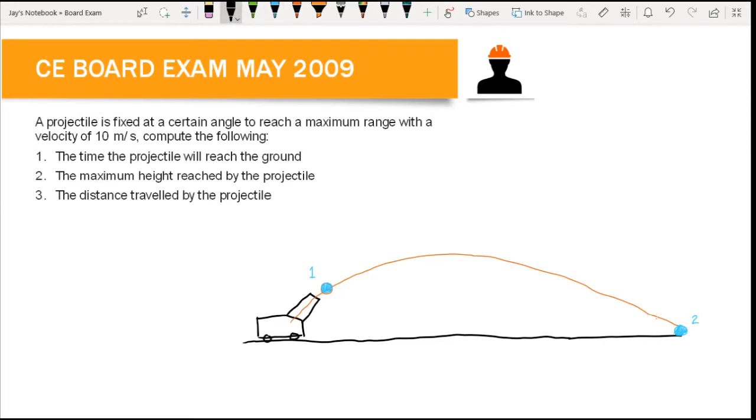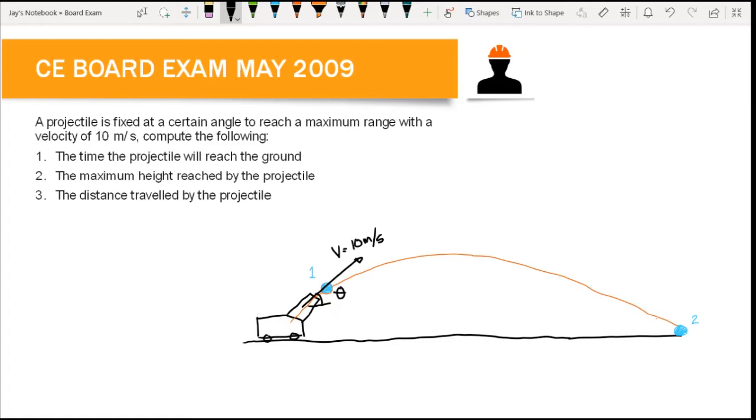So at point 1, we would have this initial velocity. The initial velocity here, according to the problem, is 10 meters per second. And since the object follows a curvilinear motion, that means the ball is thrown at a certain angle. So what we have here would be our angle theta.